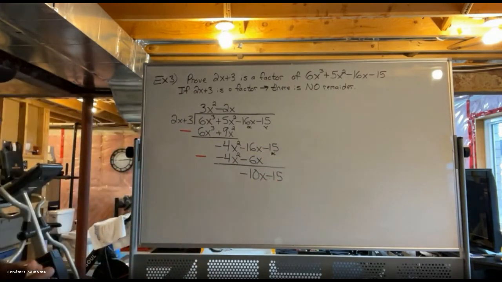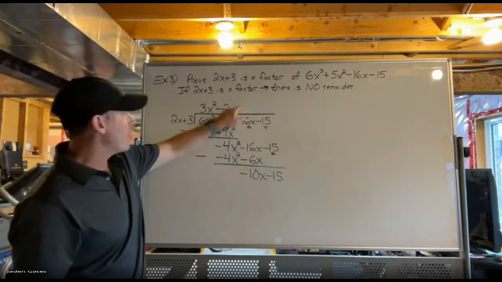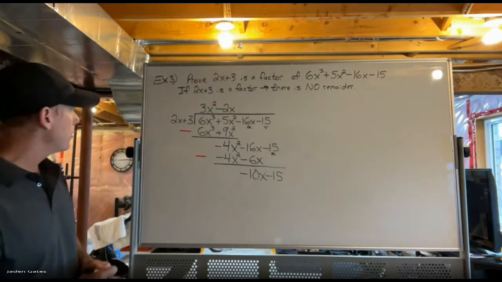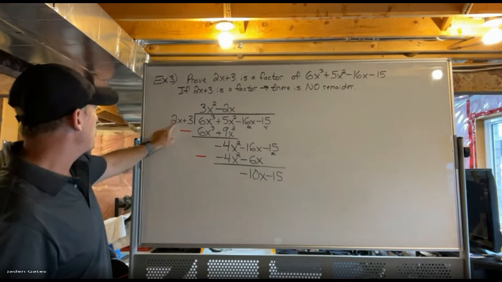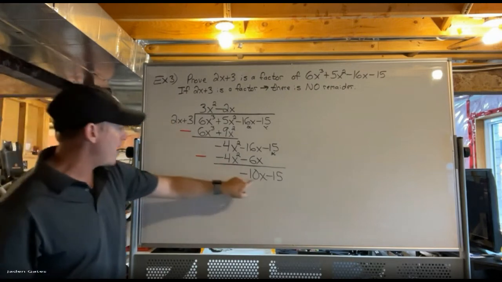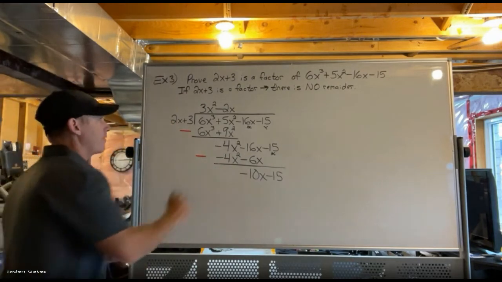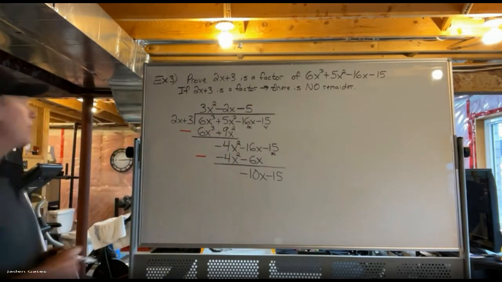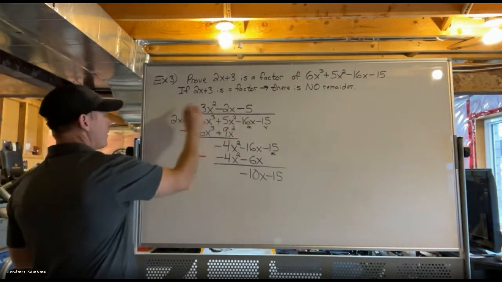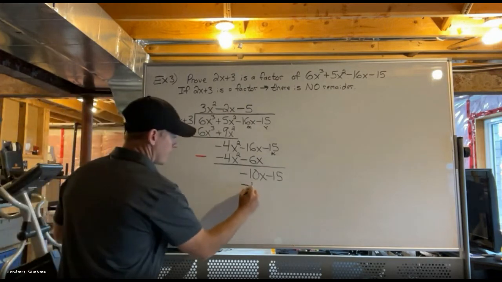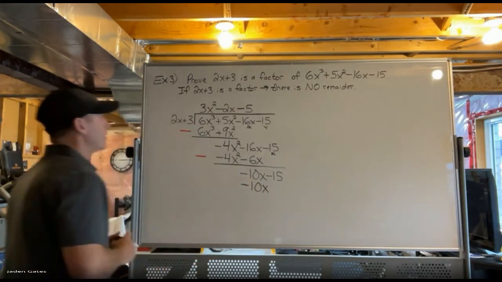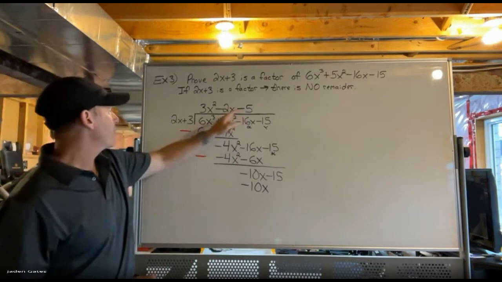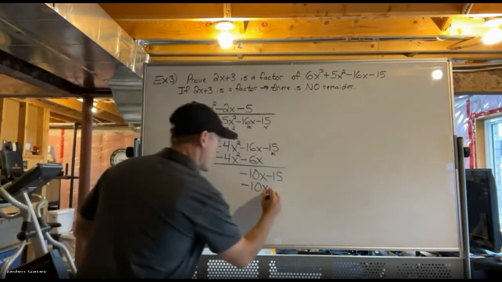All right, so again, we got to get this number here. Also, we want to show that there's no remainder. So let's check it out. I have 2x. How do I get from 2x to minus 10x? I'd have to multiply by minus 5. All right, now, minus 5 times 2x is minus 10x. And then minus 5 times 3 is minus 15.